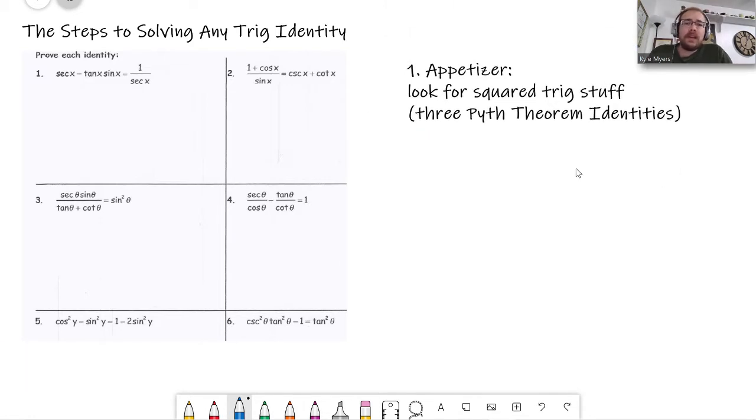The way you can get them is you can set up a Pythagorean theorem, x squared plus y squared equals r squared, and then divide each one by either x squared, y squared, or r squared. Or you can just memorize them. There are a couple of ways, and you can look up songs on it, or ask your teacher if there's a formula sheet. If there's a formula sheet and this is on there, then you don't have to worry about it.